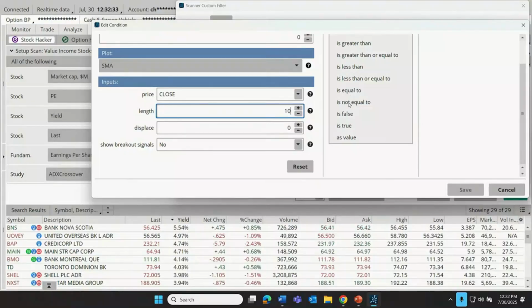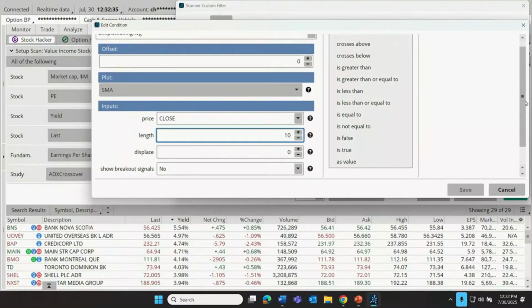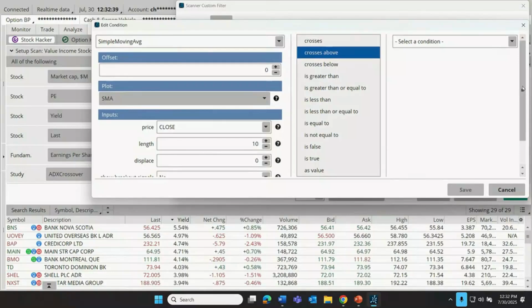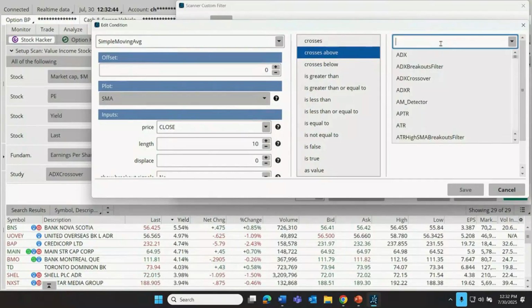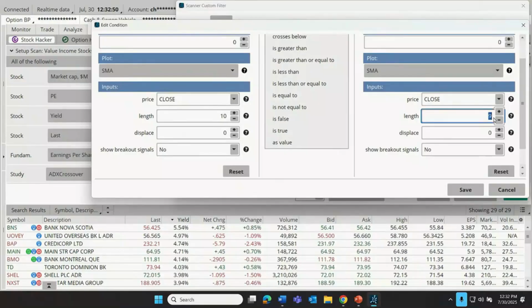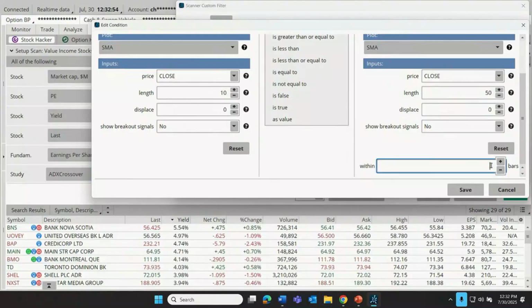Well, let me scroll up just a bit. Our 10 crosses above what? Another study. Which study? Another simple moving average. What length of moving average? A 50. And then finally, when?